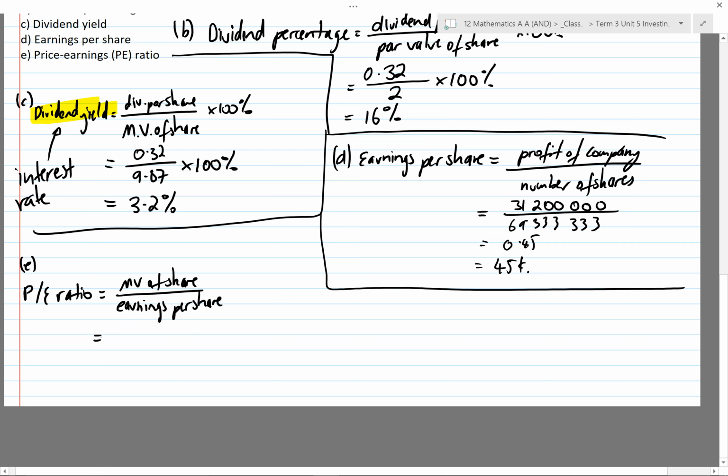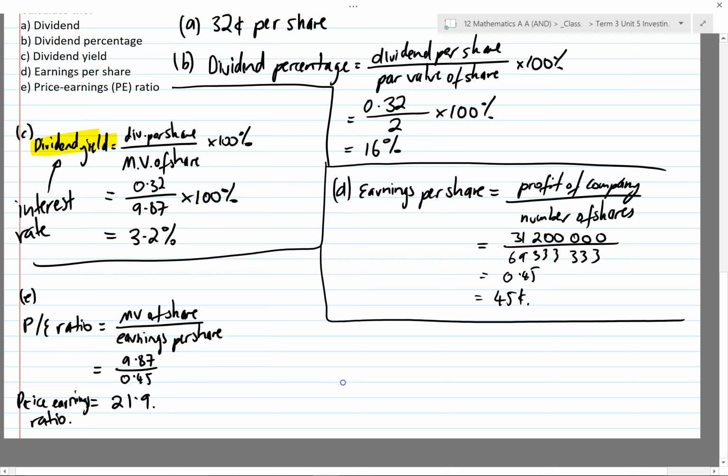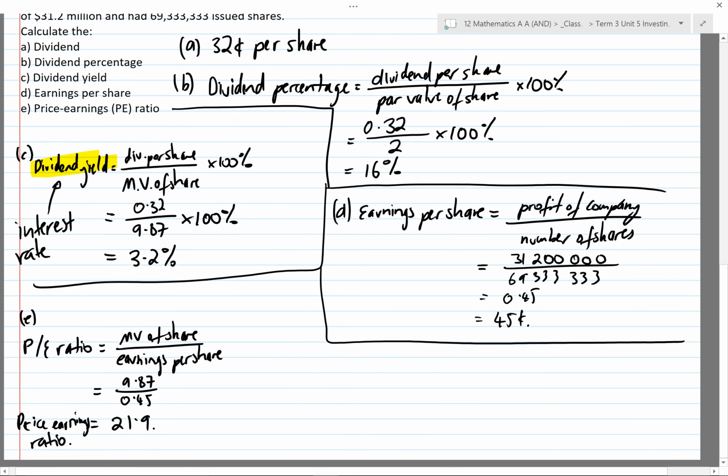This division, market value of the share was $9.87 and the earnings per share is 45 cents. So I end up with a PE ratio of 21.9. So all of these ratios, dividend per share, dividend percentage, dividend yield, earnings per share, we want all these to be really big.